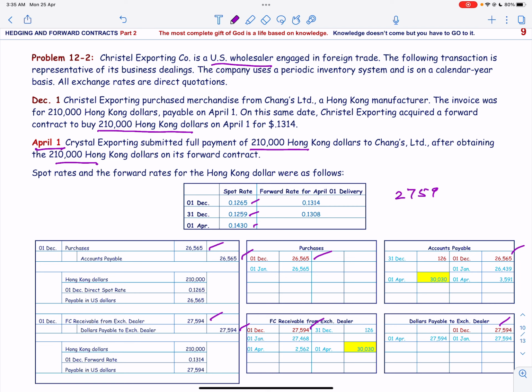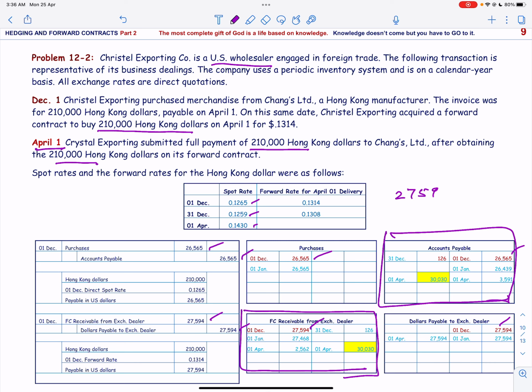Now, accounts payable is the item that is hedged by the company, and foreign currency receivable from the exchange dealer is the hedge itself. So Crystal hedged its accounts payable by a forward contract.